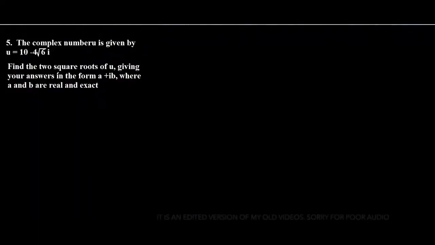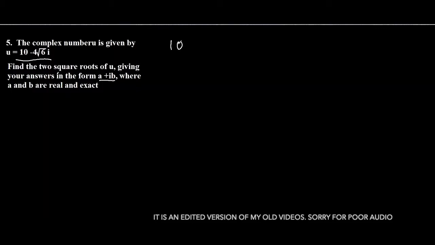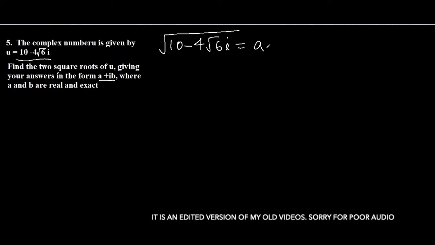In this question number 5, they are asking us to find the square roots of this complex number. Since we want to find the square root, let's call those square roots a plus ib. That means 10 minus 4 square root 6 i has square root a plus ib.